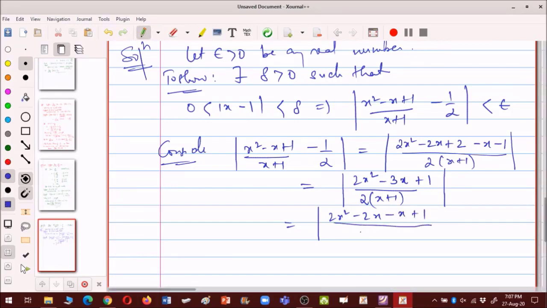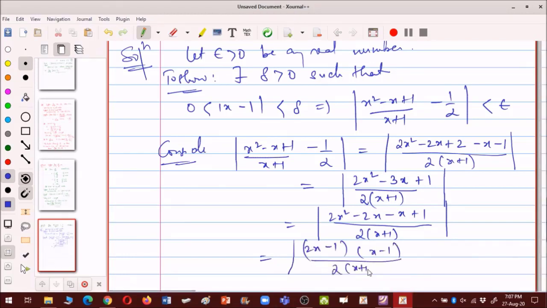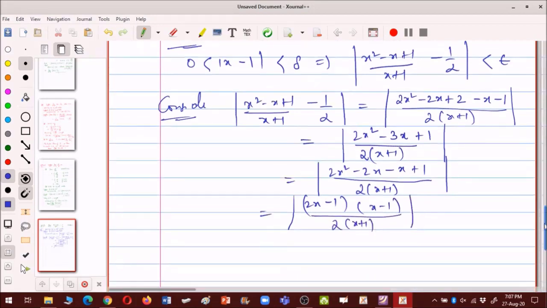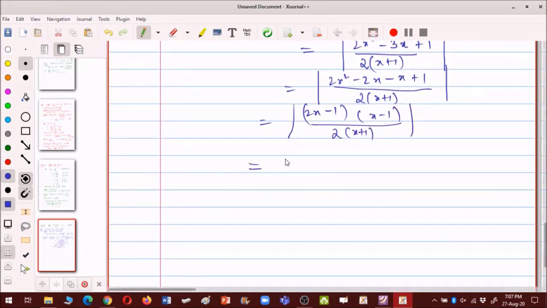I am splitting the middle term, and this is nothing but (2x - 1)(x - 1)/(2(x + 1)).